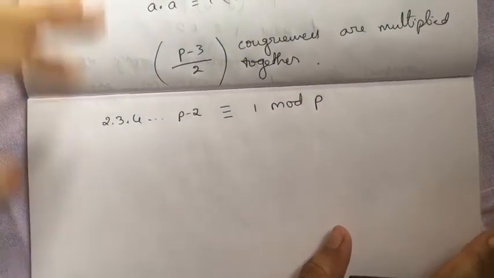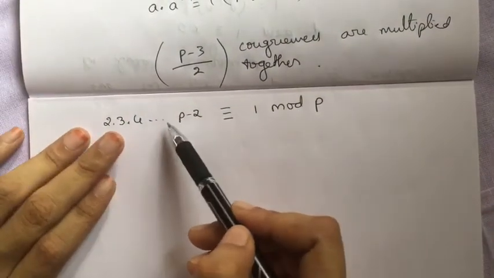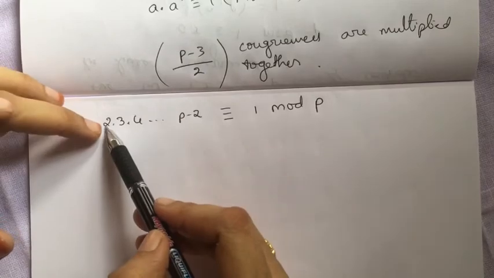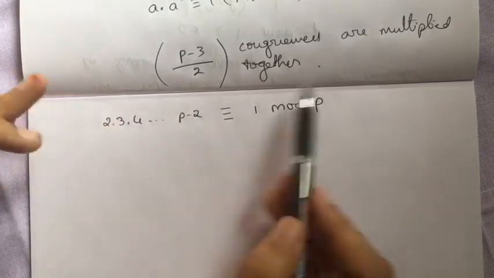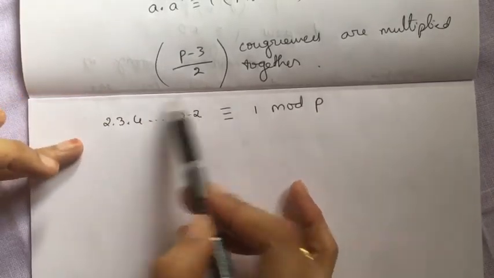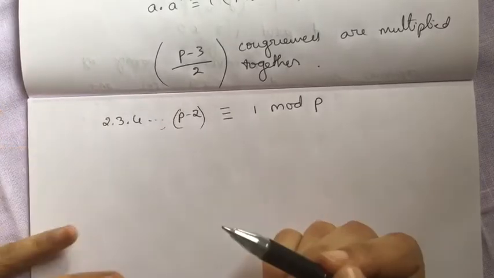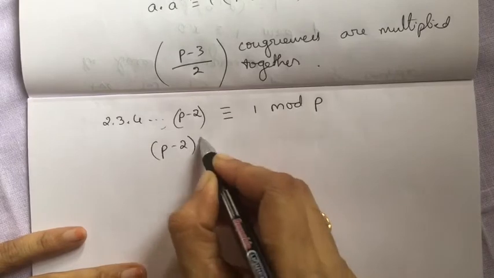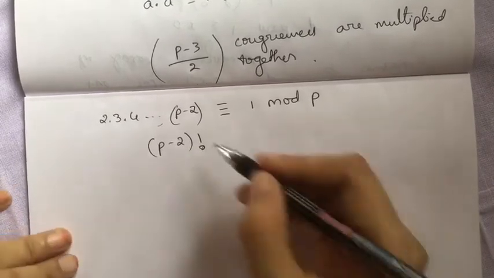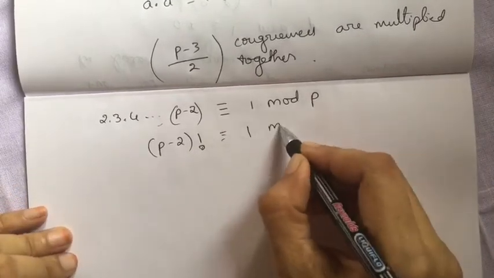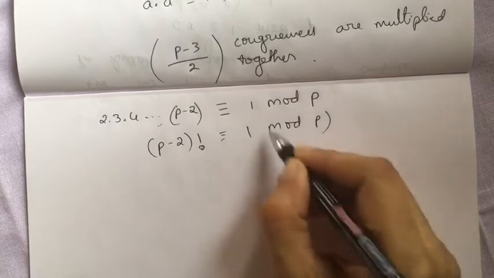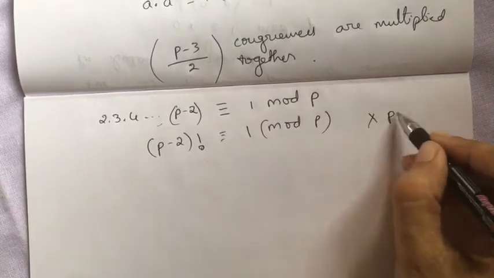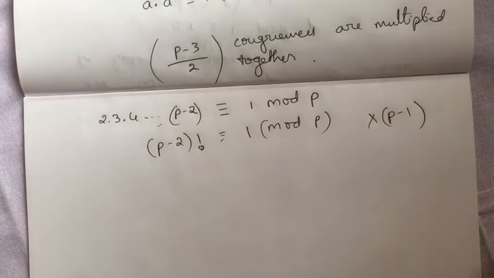At the end you are getting 2 into 3 into..., maybe they are paired like this, but when you multiply it won't matter, I'm going to get it like this. And what is this? This is nothing but p minus 2 factorial, which is congruent to 1 mod p. Now what I do is I'll multiply this by p minus 1.